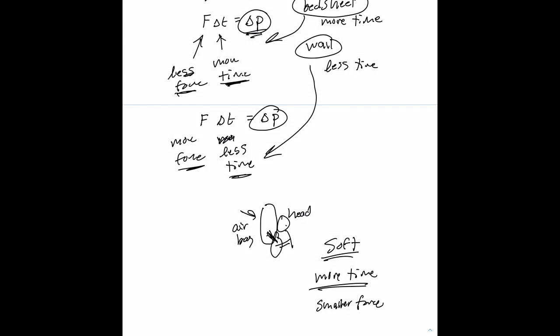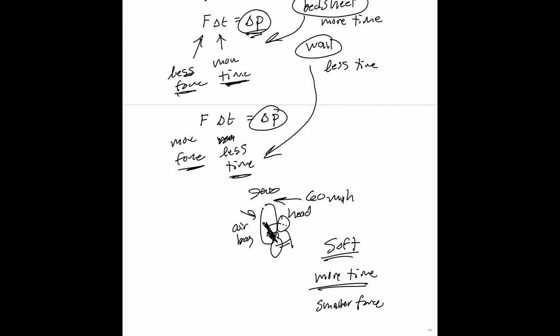Sorry, did I say change in impulse? I meant just impulse. Change in momentum. Think about it. Whether your head hits an airbag and slowly decelerates and comes to rest, or your head just slams right into the windshield, for example, that would be awful. In both cases, your head is going to go from a speed of maybe 60 miles per hour if you drive at a casual speed on the highway down to 0.